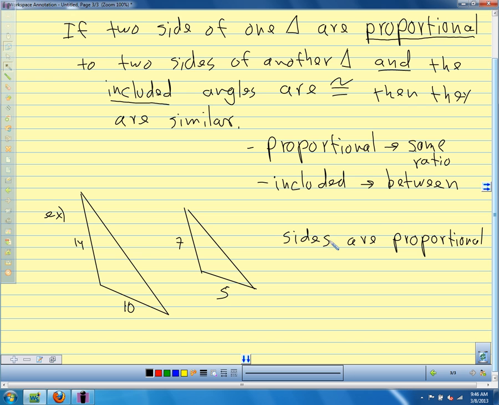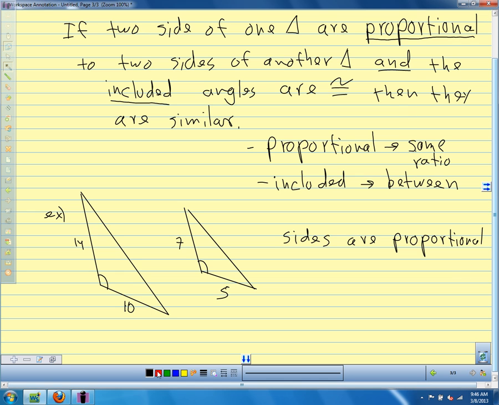So what would I have to know about the angles for these triangles to be similar? The angle, this angle here, and this angle here. What would I have to know to guarantee that these triangles are similar? The angles are congruent. The included angle would have to be congruent.